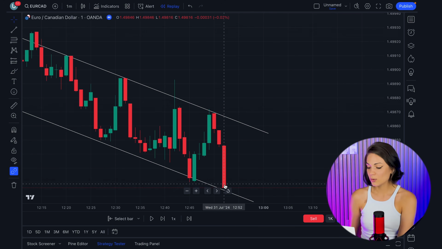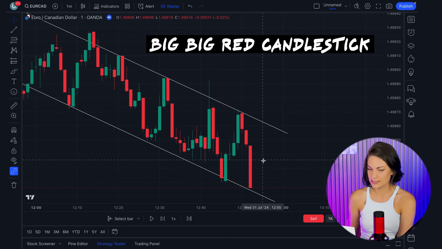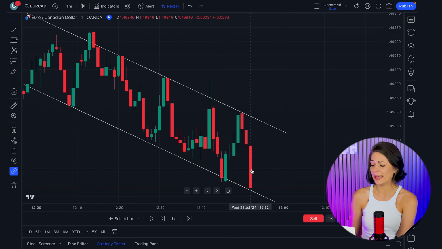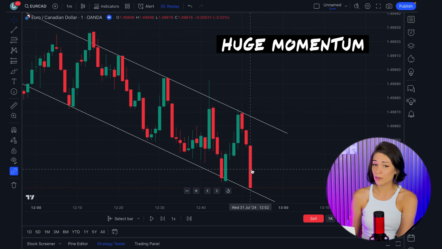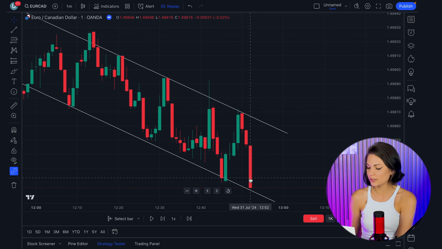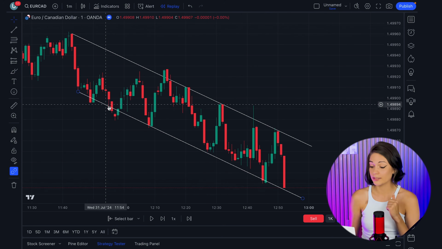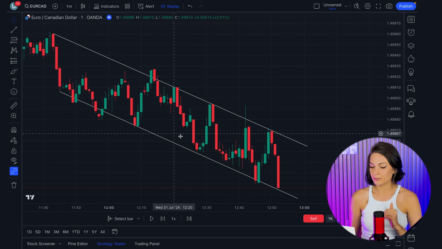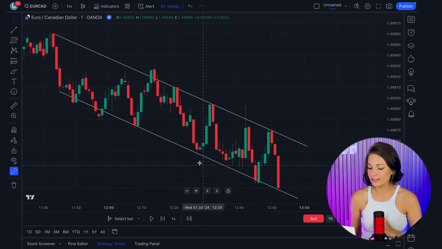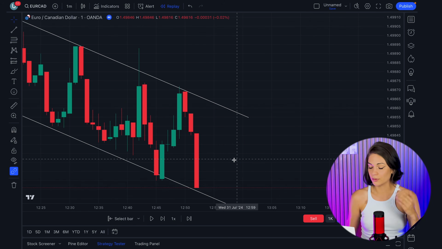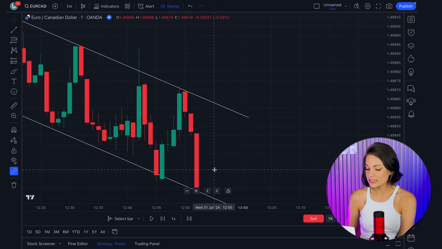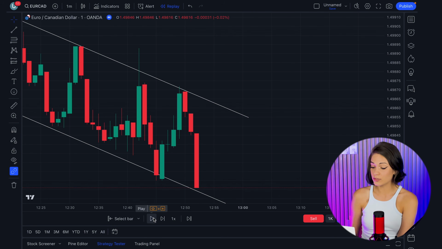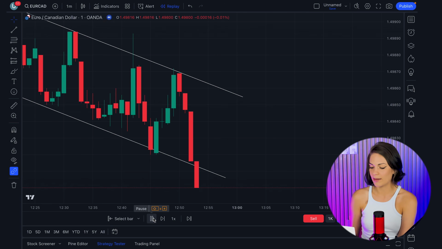But right here, we see the big red candlestick, and we understand, like, wow, there is a huge momentum right now, and the logical thing is that the price is going to go down. But we look at the second trend line on the bottom, and from this point we see that more often there was a price reversal point for the price to go up again, and this entry point is kind of lost already, and we need to see what's going to happen after.